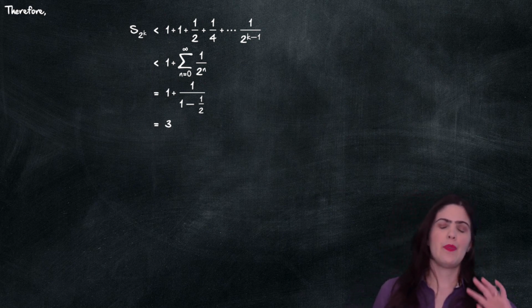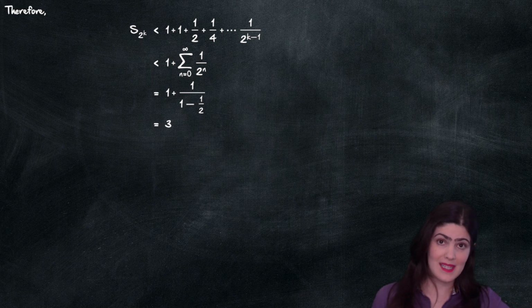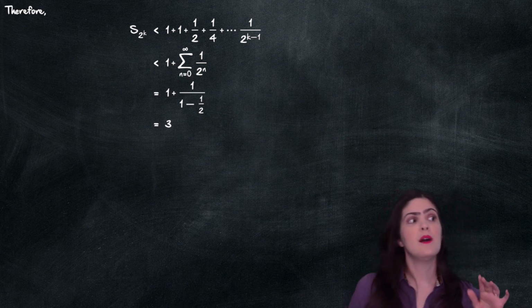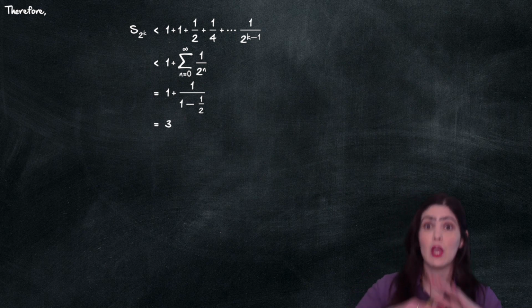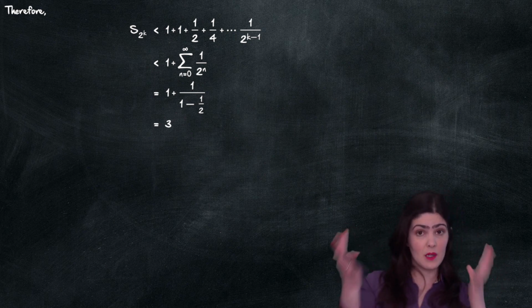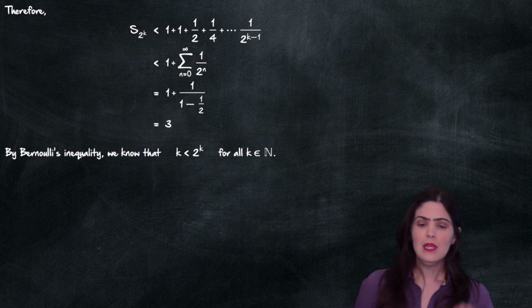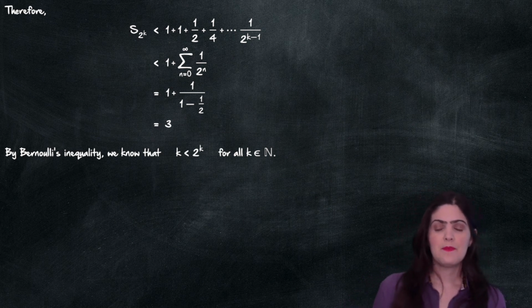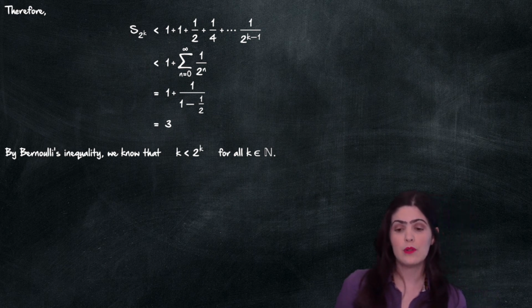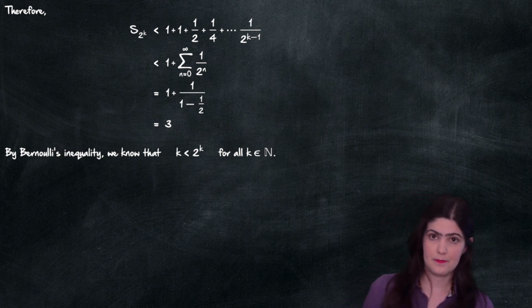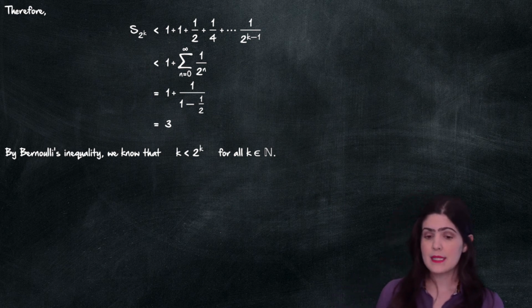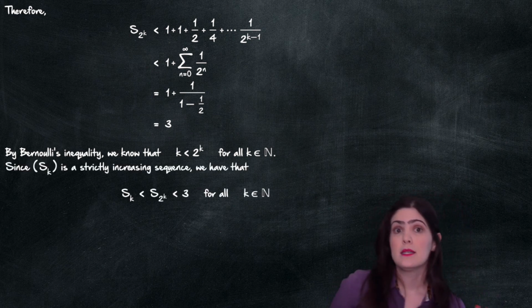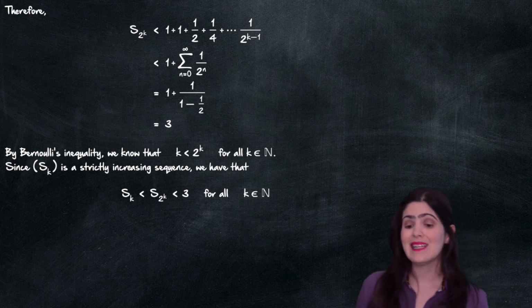Okay, now I know that I have a subsequence that is increasing and bounded. That subsequence converges. But how do I know that my whole sequence of partial sums converges? Well, we know by Bernoulli's inequality that k is less than 2 to the k for all k in the naturals. And we know that my sequence of partial sums is strictly increasing.